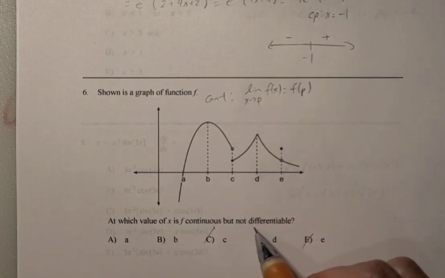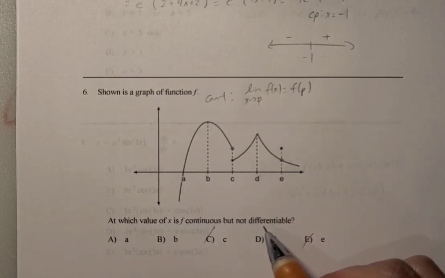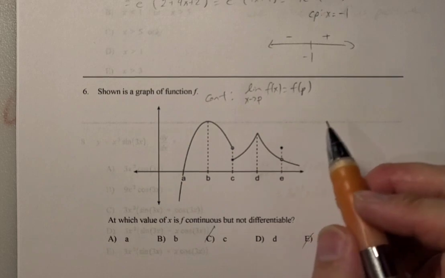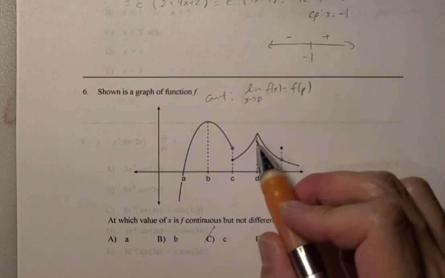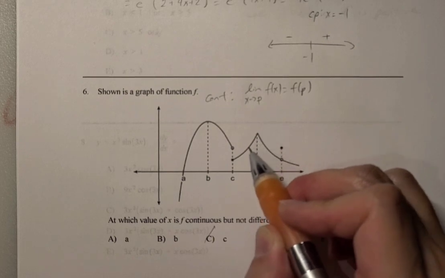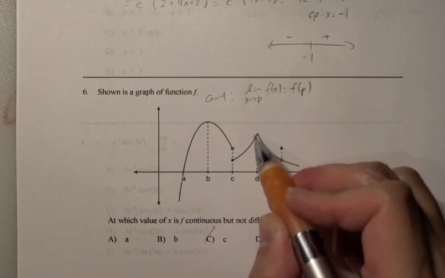Now, where is it not differentiable? If you remember, there are 3 cases where it's not differentiable. One is if it's not continuous. Two is if there's a vertical tangent, because that would be an infinite slope. The other case is if there's a sharp turn or a corner, because if you think of the slope of the tangent line, the slope as you come in from the left is some positive slope.